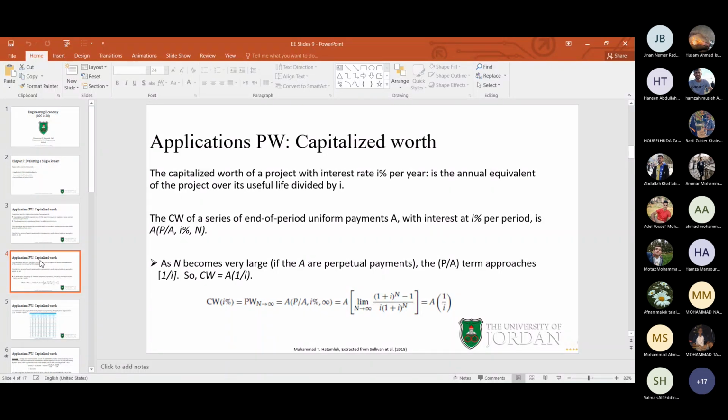Basically, we're not going to go through the integration to find the formula, but basically, if n was going all the way to infinity, I can use 1 over i instead of the equation of the annuity. فأنا فعليا to calculate the capitalized worth, I need the annuity اللي هي القيمة الثابتة that it's gonna keep happening till infinity or infinite amount of time divided by the interest rate that would give me the capitalized worth or the capitalized cost.